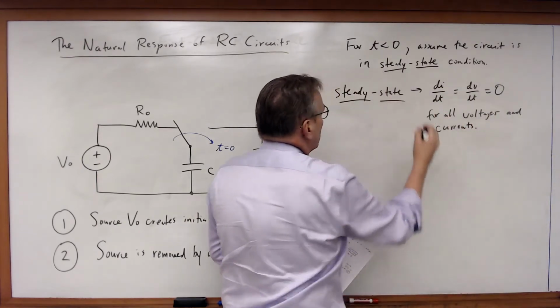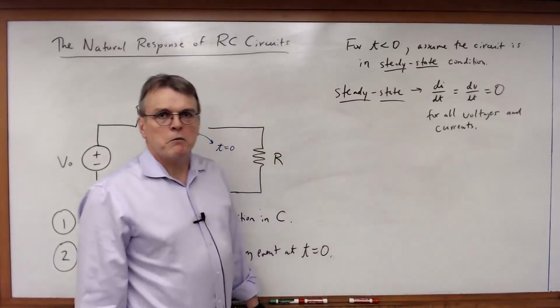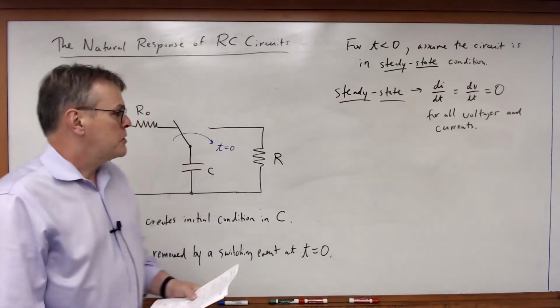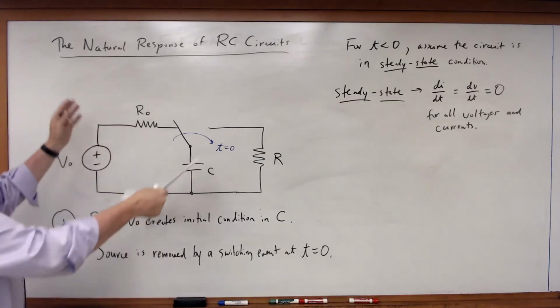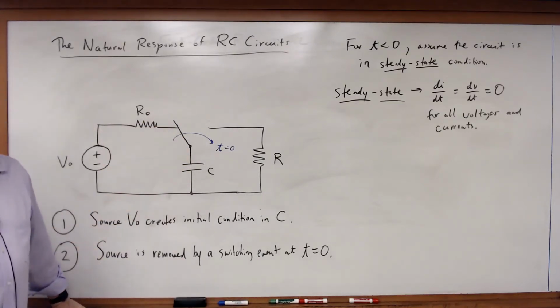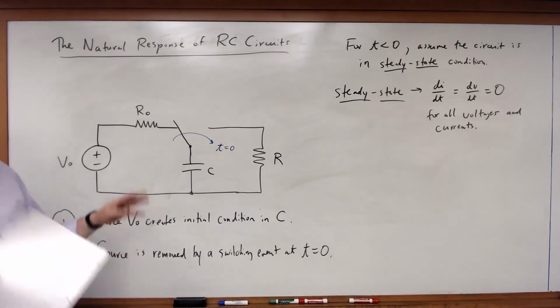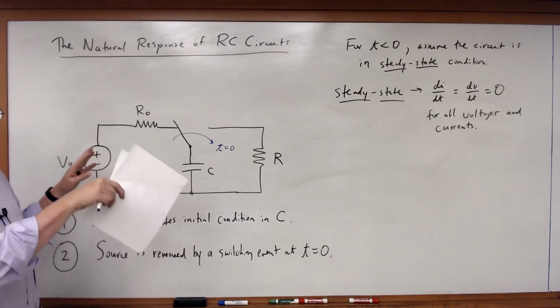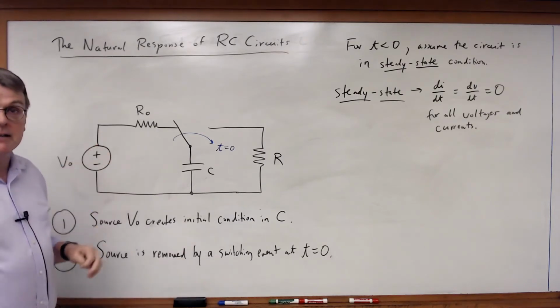You'll see this used over and over again as we go through these materials and problems, the idea of steady state. So, in other words, this circuit's been sitting this way in this particular topology for a very, very long time, and all the transient events have long since died out. So everything is, in effect, acting like a DC circuit.